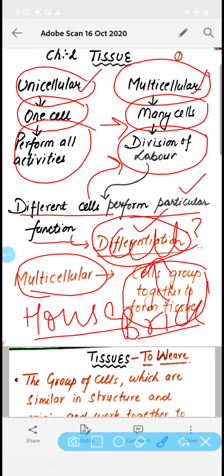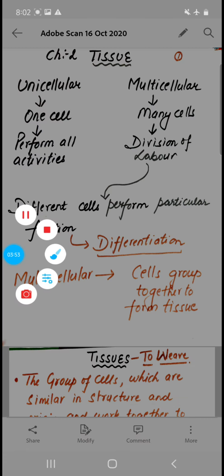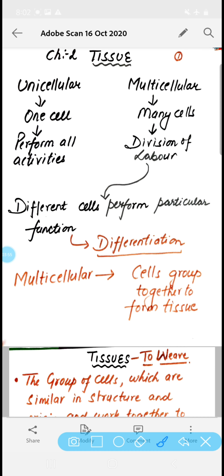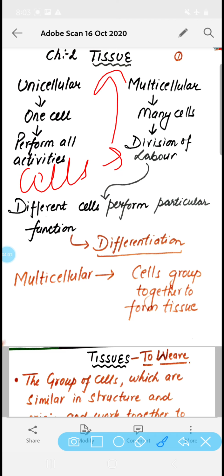As our body's fundamental unit, the fundamental unit of a living organism is the cell. All living organisms are made up of cells. So this is the smallest unit of our body. Now here, if we talk about the cells, they group together to form the tissue.